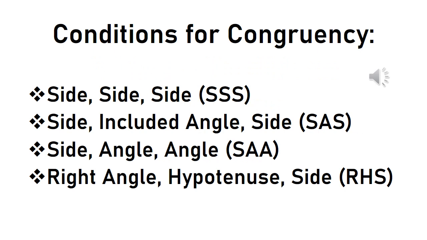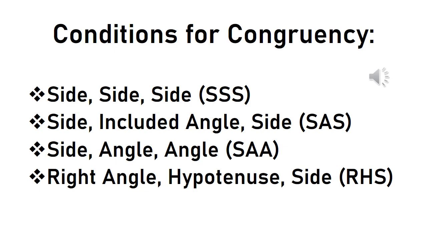The first thing that we are going to quickly revise is our conditions for congruency. Please remember that congruency means that you have two identical triangles. They are the same shape, they are the same size, all three lines are identical, and all three angles are identical. So our four conditions for congruency: the first one is side, side, side, meaning that all three sides of both triangles are identical.